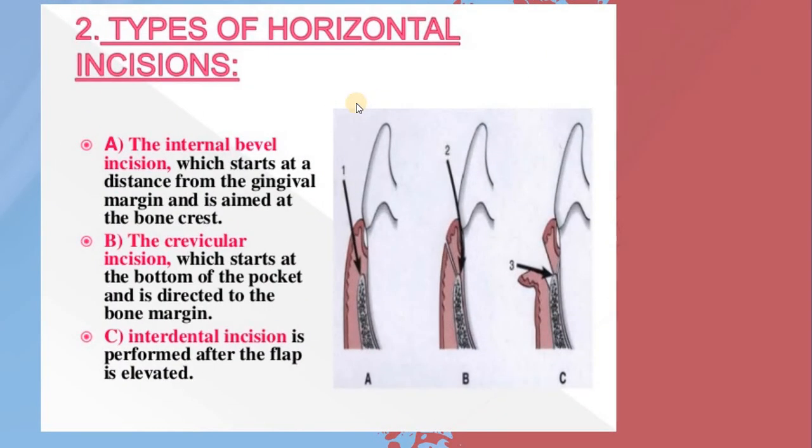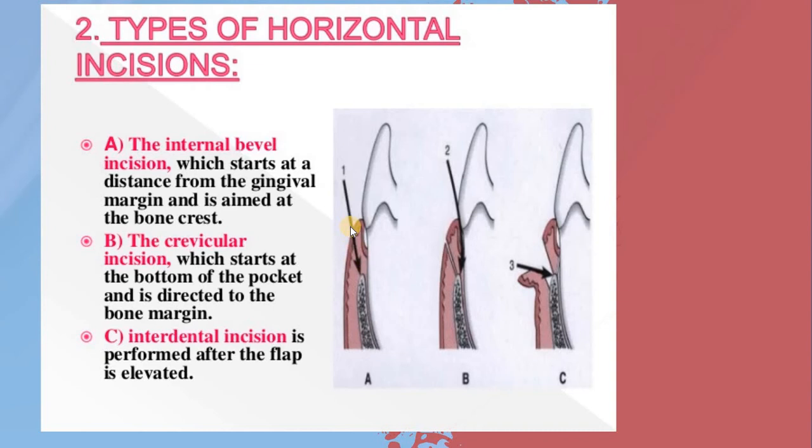While for the types of horizontal incision, we have the internal bevel incision, as you see here, the A, which starts at a distance from the gingival margin and is aimed at the bone crest. You just pass a few millimeters, 1 to 2 millimeters, and directly apply the blade on the bone, going through the free gingiva.